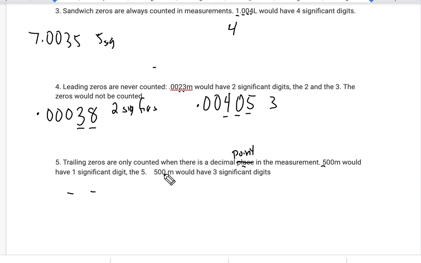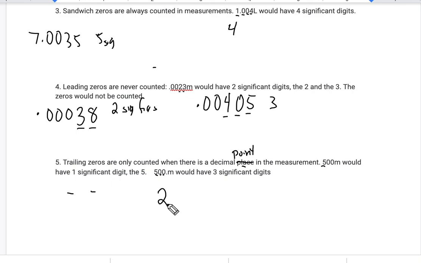However, if you put a decimal point, then you count the trailing zeros. Trailing zeros are those to the right of a non-zero number, but there's no number to the right of the zeros, because then they'd be sandwich zeros. So this one, however, you're going to count all three, because there's a decimal point right there.